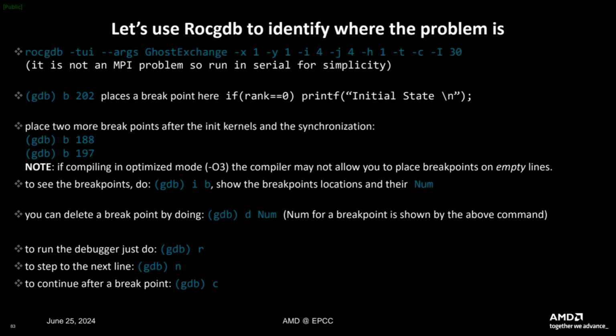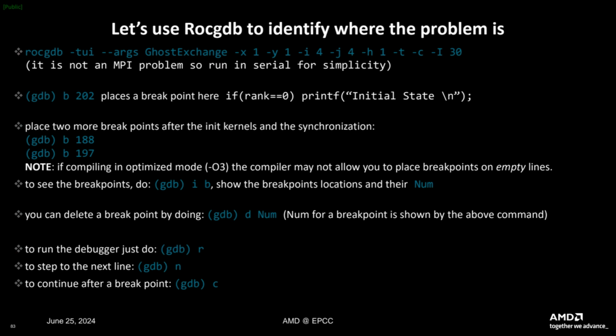So to track it down, we're gonna use ROCGDB and place several breakpoints, by running ROCGDB with the GUI, with this -TUI, and then the command B and then the line number is gonna set a breakpoint at that specific line.